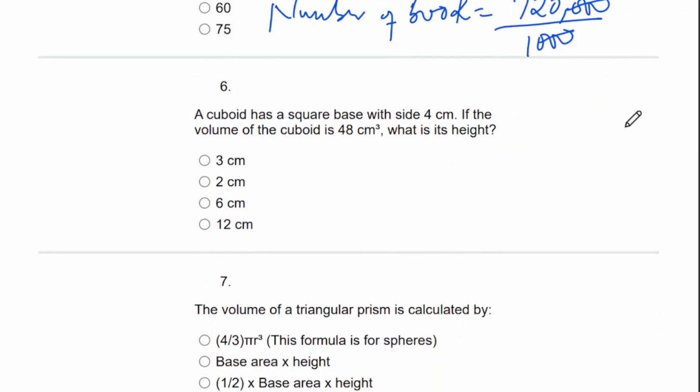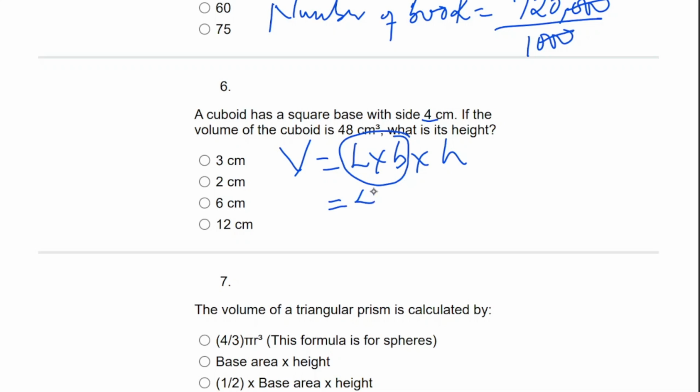So for question 6, a cuboid has a square base with 4 sides. If the volume of the cuboid is 48 centimeters cube, what is the height of the cuboid? So the volume of a cuboid is length times breadth times height. So length times breadth is the area of the base, and the base is given to be 4 by 4.